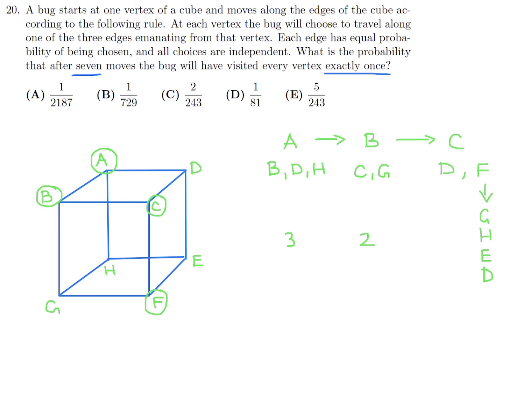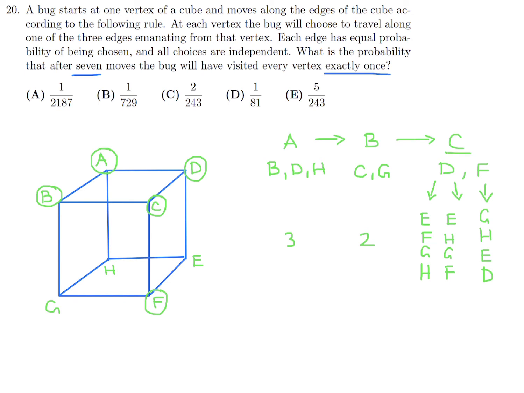If from C, he decides to go to D, then from there, he has only two ways to go. He can either go E, F, G, H, like that, or he can go E, H, G, F. And that's the only possible way he can go to each vertex exactly once.